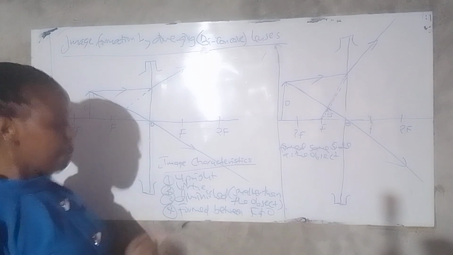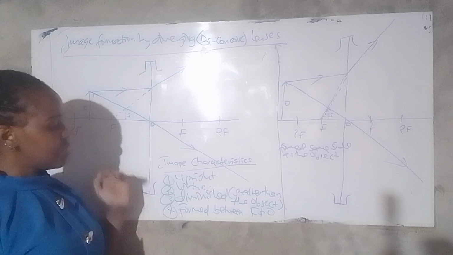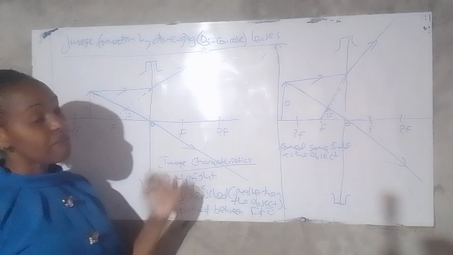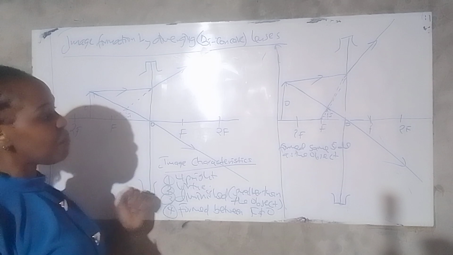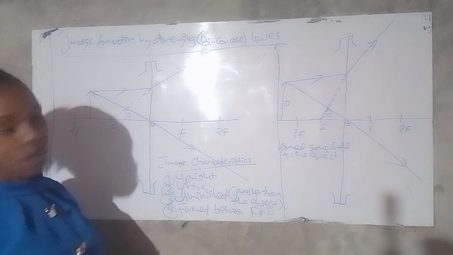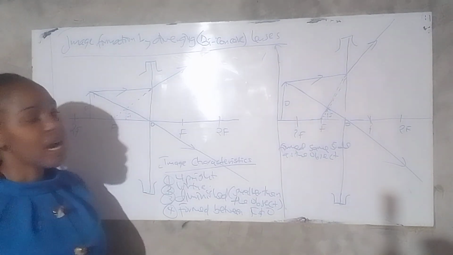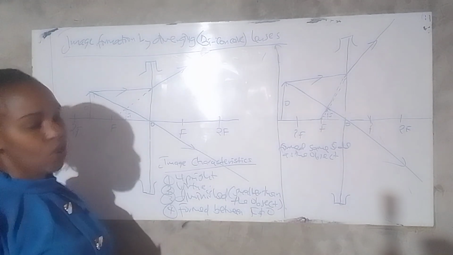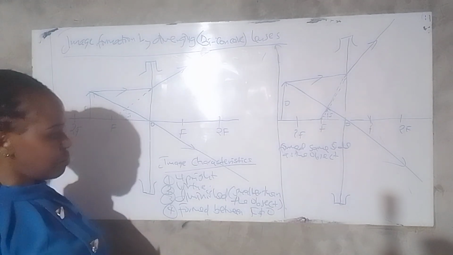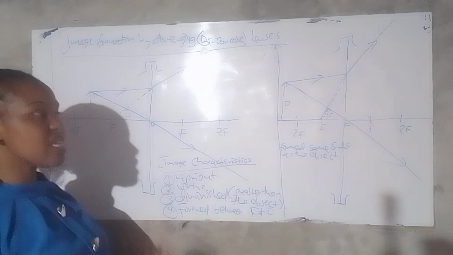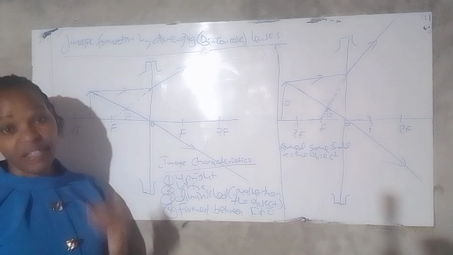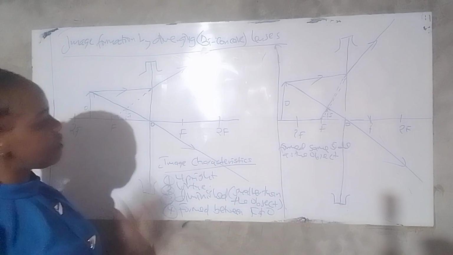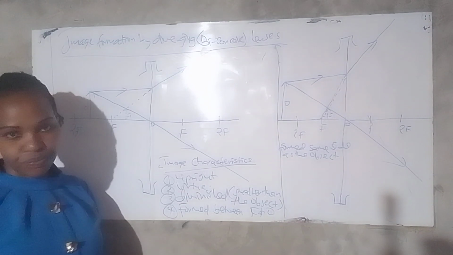The image will be upright, it will be virtual, it will be smaller than the object, it will form between F and O, and it will form on the same side as the object. So all images formed by diverging lenses are the same regardless of the object position. So that is very important. All images by diverging lenses are the same. They have the same characteristics irrespective of the object position.